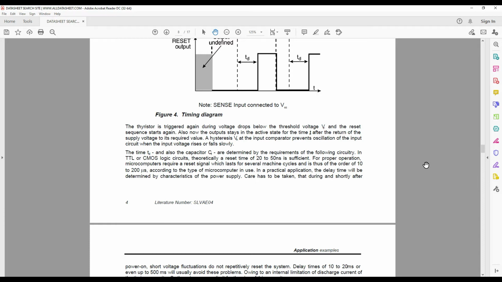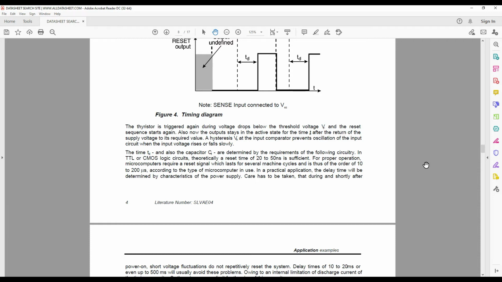The time TD and also the capacitor CT are determined by the requirements of the following circuitry in TTL or CMOS logic circuits.